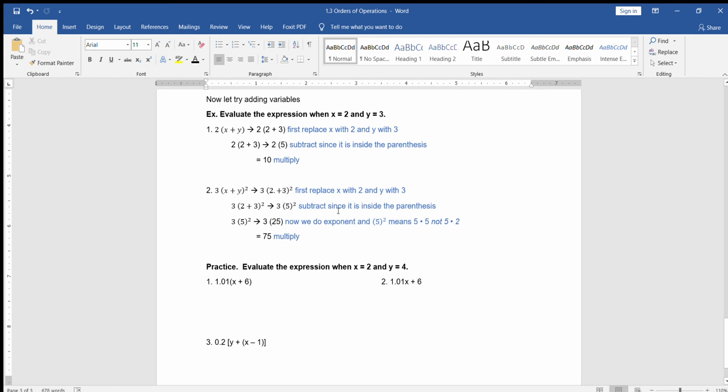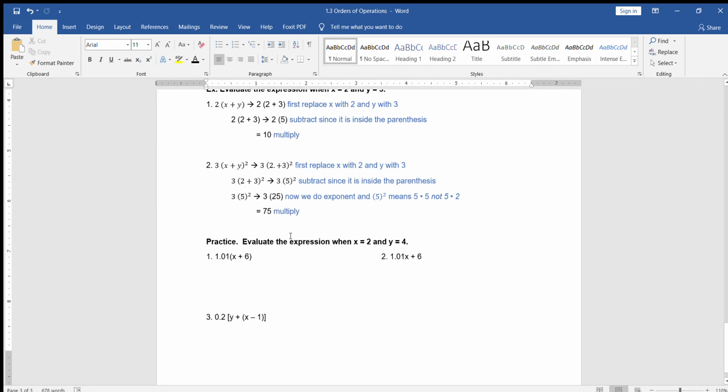Now what do we do? Well, we do the exponent. 5 squared is actually 25. Why is that? Again, it's 5 times 5, not 5 times 2. And then 3 times 25 is simply multiply.